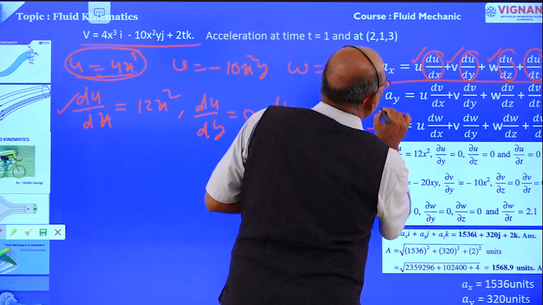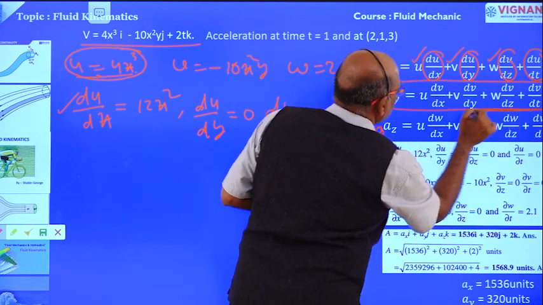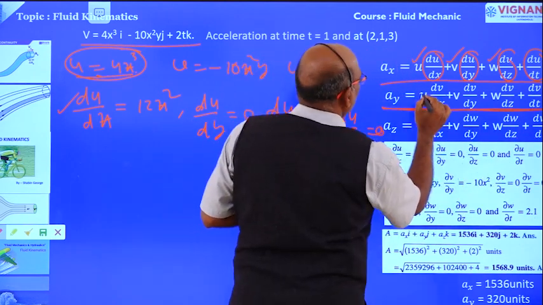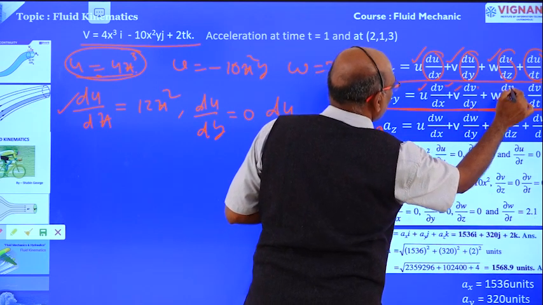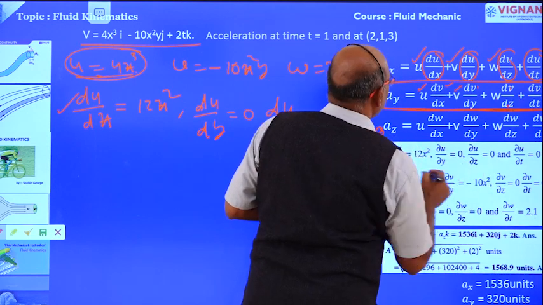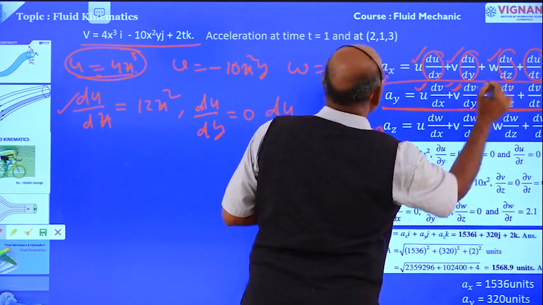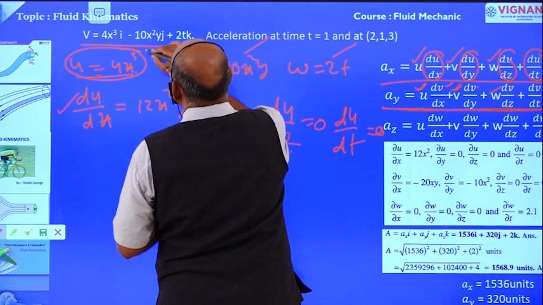Next the acceleration in y direction is equal to u dv by dx plus v dv by dy plus w dv by dz plus dv by dt. Right, u, v, w already we have determined here.